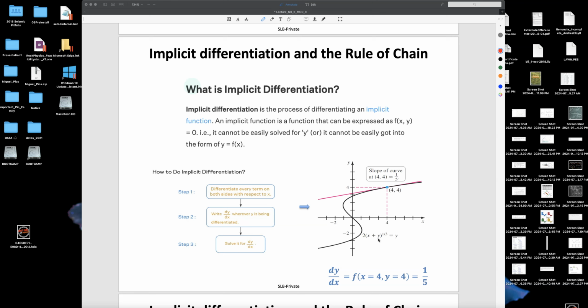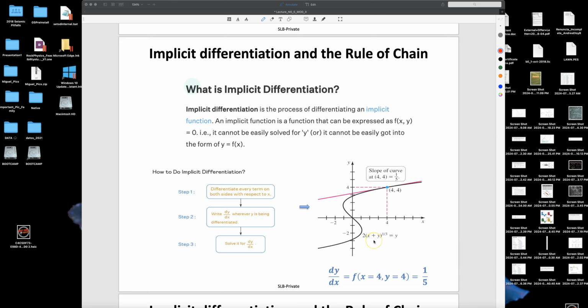Okay? So, to reorder or simplify this so that at the end you get an expression y equals to an expression that is only a function of x, that is going to be difficult. So, this is what is called an implicit function.